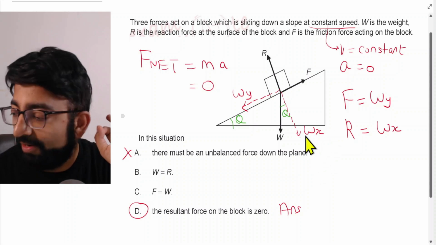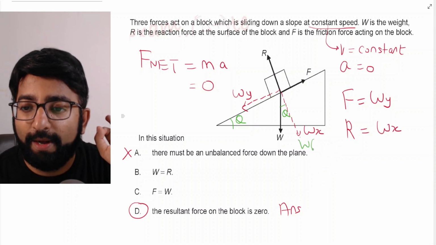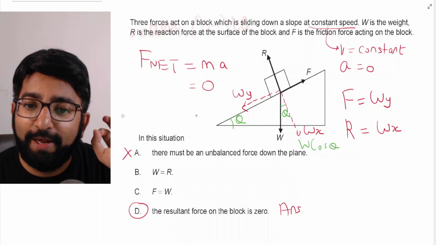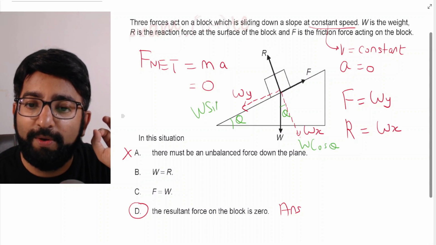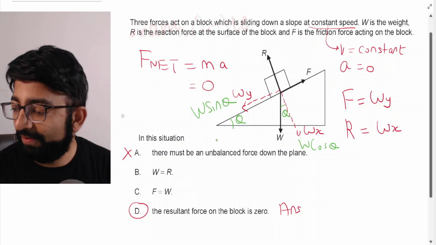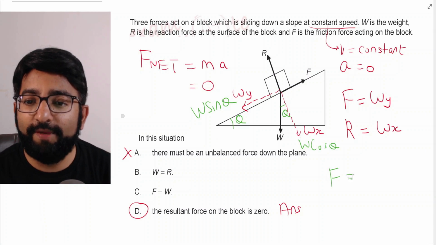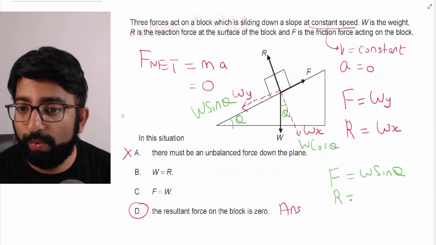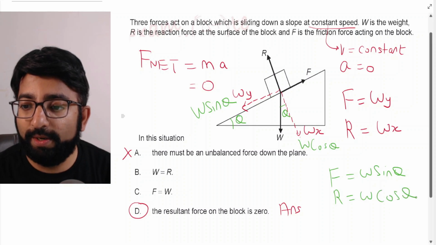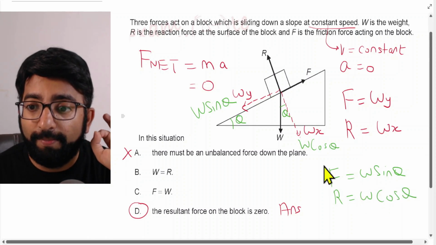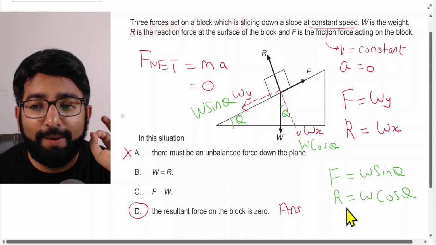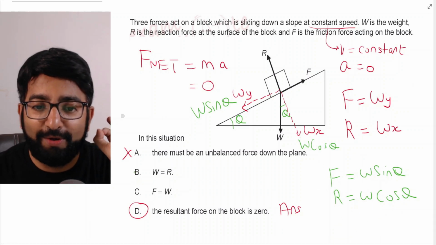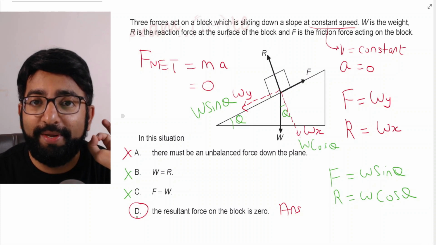Hence, we can say that Wx will be W cos theta and Wy on the other hand will be W sin theta. So now we can write the value of F is equal to W sin theta and the value of R will be equal to W cos theta. So F and W are not equal. R and W are also not equal, which means option B and option C are also incorrect.